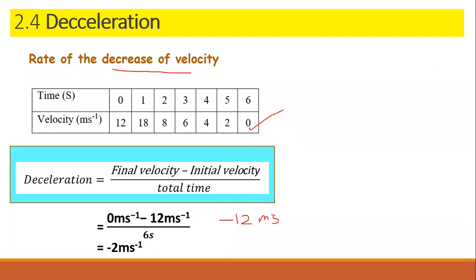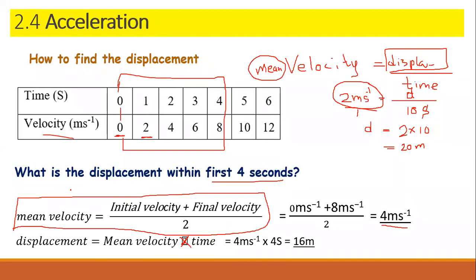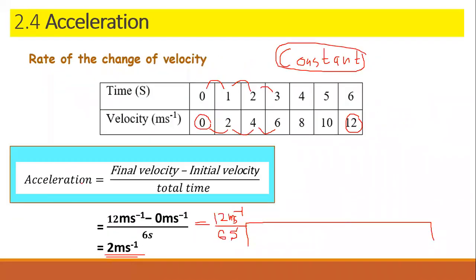That is the important thing which should be thought about here. Since I have given that this is deceleration, I have to put a minus mark here at first. Otherwise, I have to tell it as acceleration. This is the equation for acceleration.